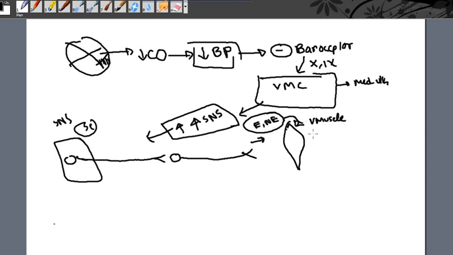Initially this is helpful, but if these events occur for 1 or 2 or 3 years, there is increased sympathetic drive from the brain, and the brain is continuously releasing epinephrine and norepinephrine, and that means the postganglionic neuron is continuously releasing epinephrine and norepinephrine to the ventricular muscle cell.